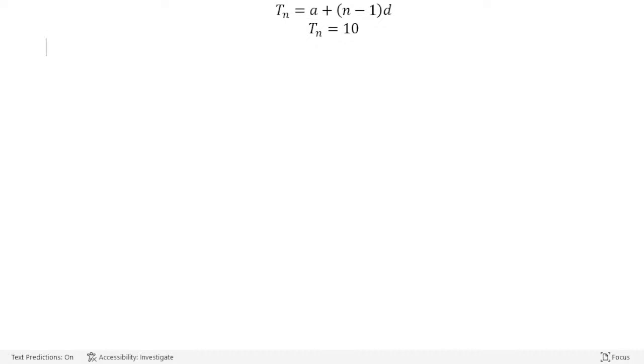So I'll read the question again. It says use a formula to find which term, we're looking for n, which term in the arithmetic sequence. Okay, let me just say n is equal to an unknown. So which term in the arithmetic sequence?